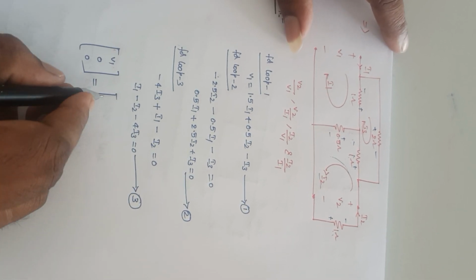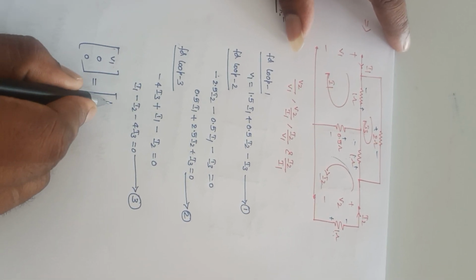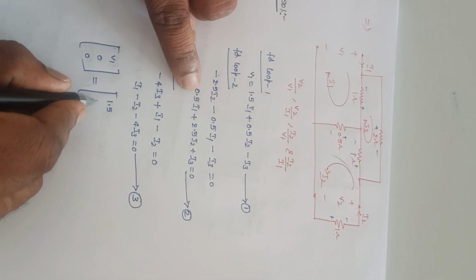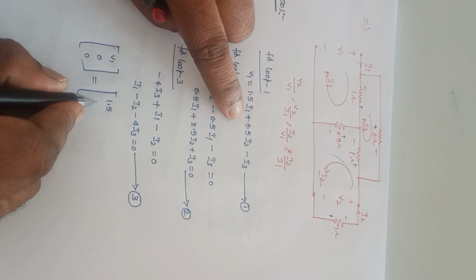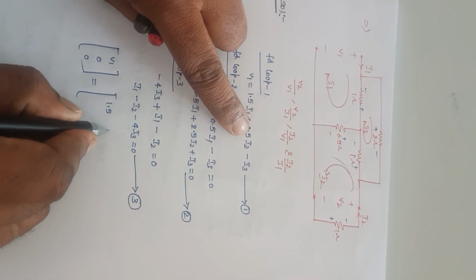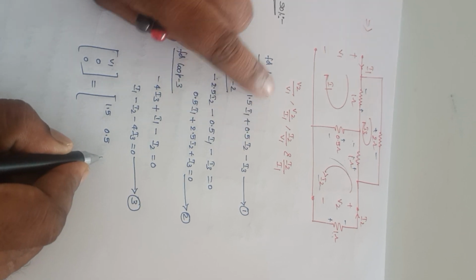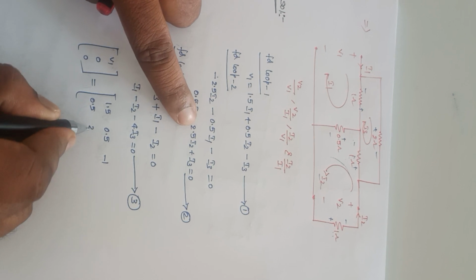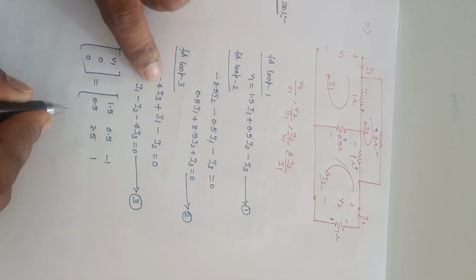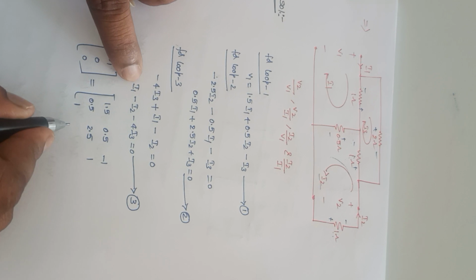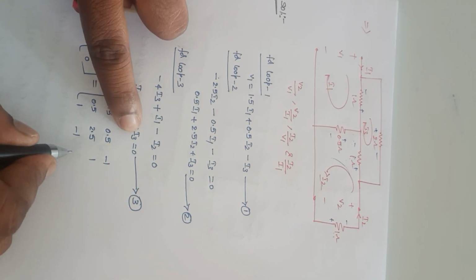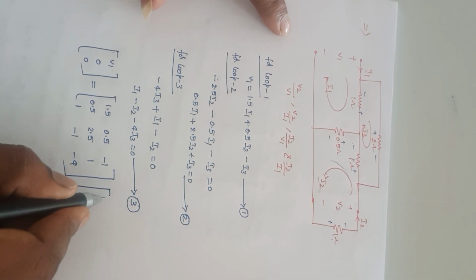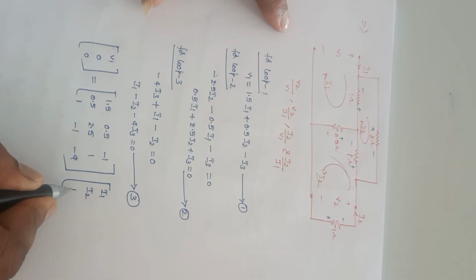V1, 0, 0, and this one is 1.5, 1.5 I1, it is 0.5, so write it 0.5, it is minus 1, this is 0.5, second expression, it is 2.5, it is 1, and this is 1, and it is minus 1, it is minus 4, it is I1, I2, I3.